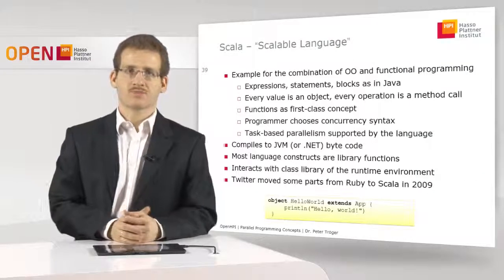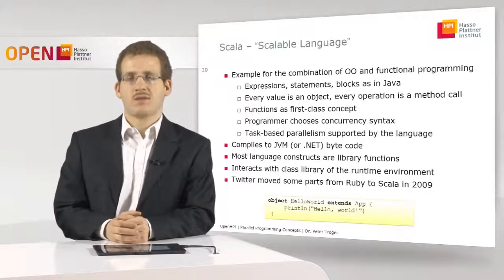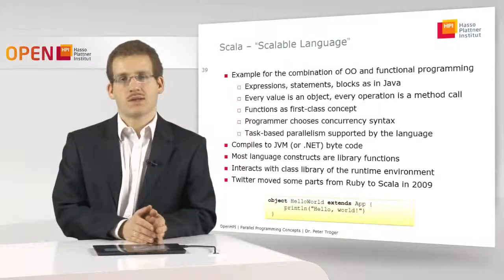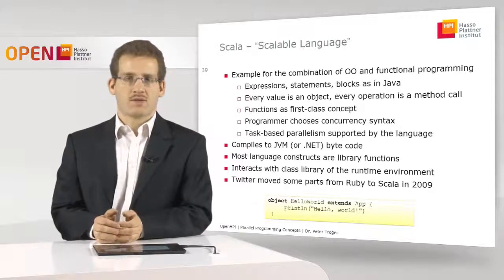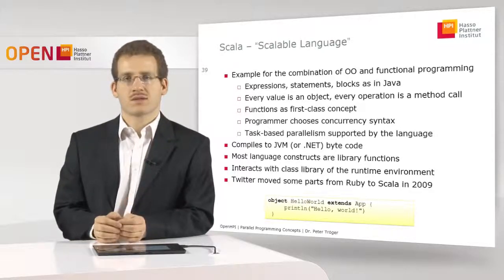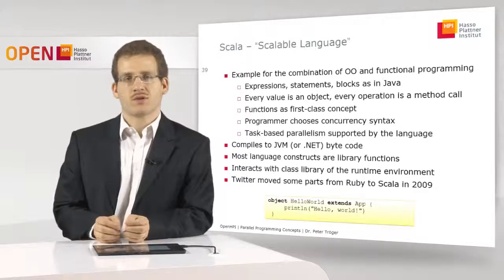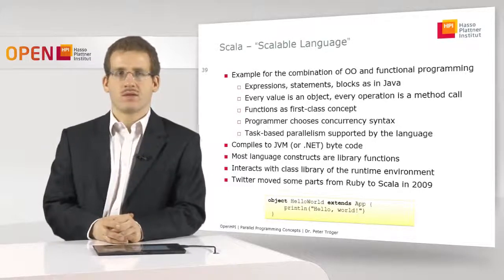So what is Scala? Scala is a modern language that is an example for the combination of the object-oriented world concepts and the functional programming world concepts. Scala serves as an extension of Java syntax, so it's very familiar for Java developers, but it has the potential to allow you different ways of expressing your concurrency in the code.